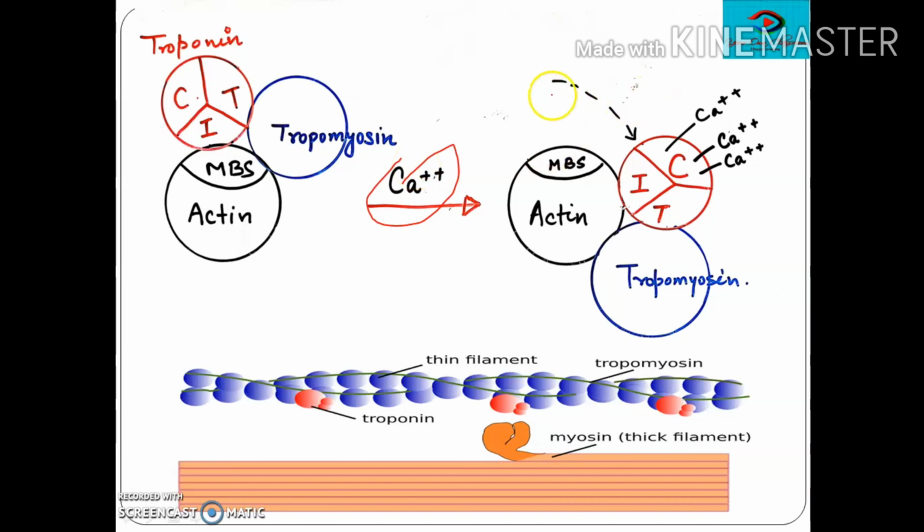So due to this mass, this entire troponin and tropomyosin complex drags to one side, due to which the myosin binding site gets exposed, and finally the myosin head can bind with this. So this is clear from this diagram. As you can see, this is the myosin head, and this can finally interact with the actin.